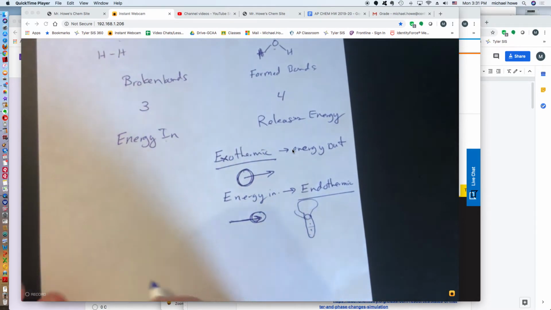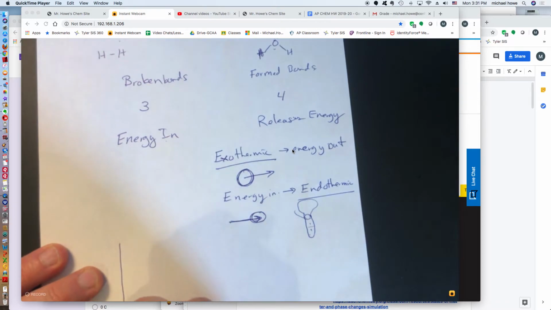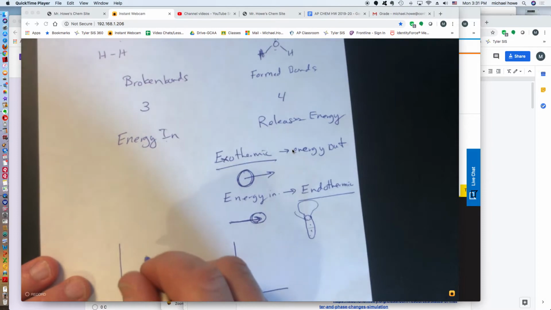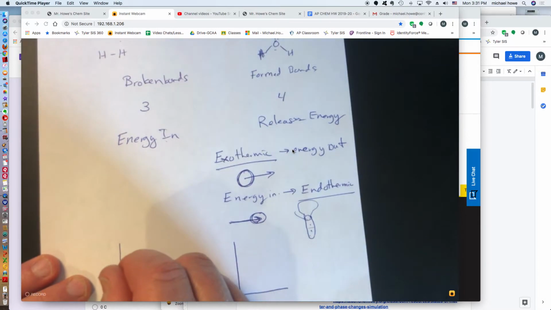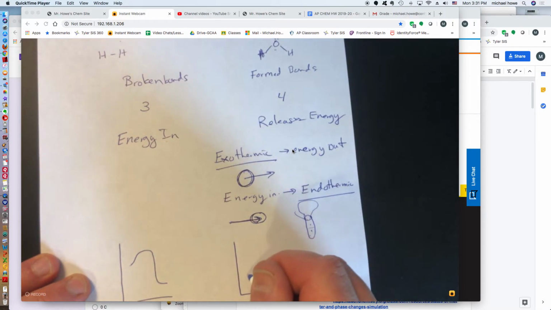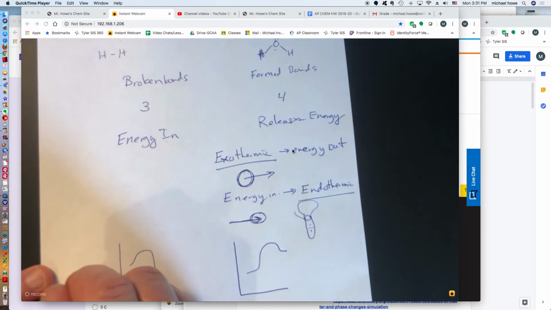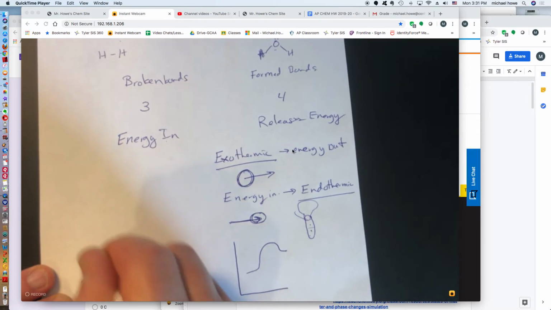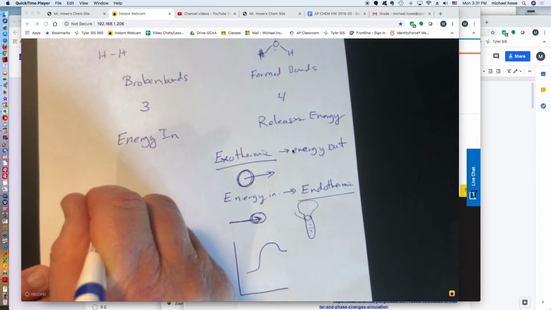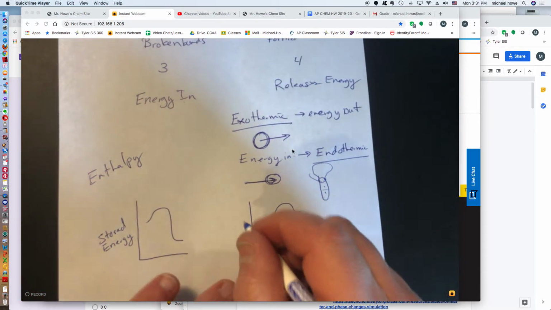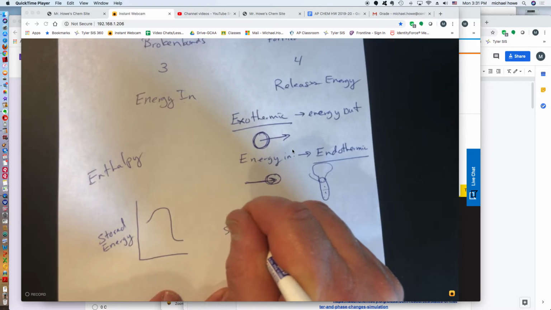All right, now 2 graphs we have to show these reactions. One graph looks like this, the other like this. This is, I'm going to call it stored energy. It's actually called enthalpy. Enthalpy. I'll write that word up here. And the other graph, same, stored energy on the y-axis.